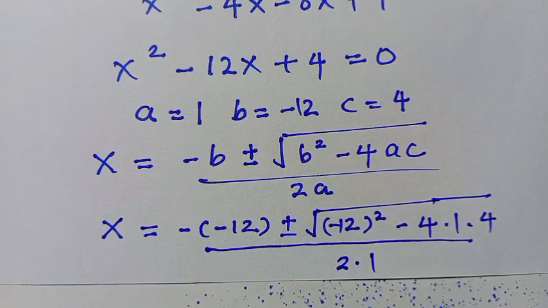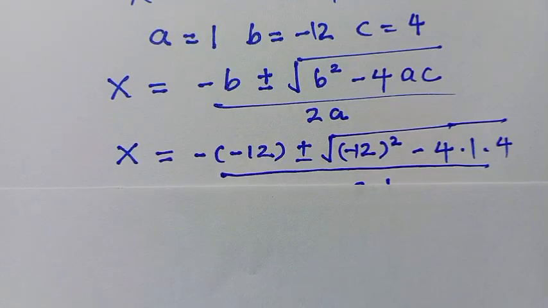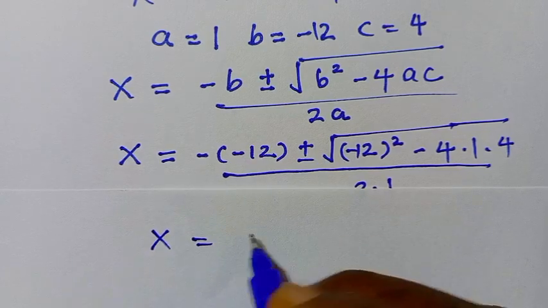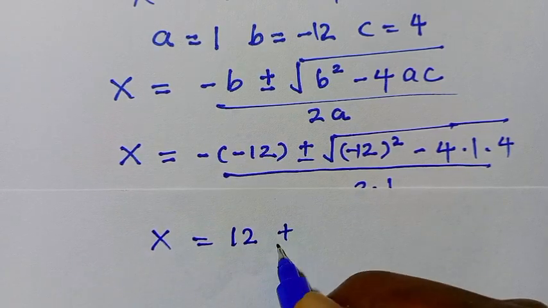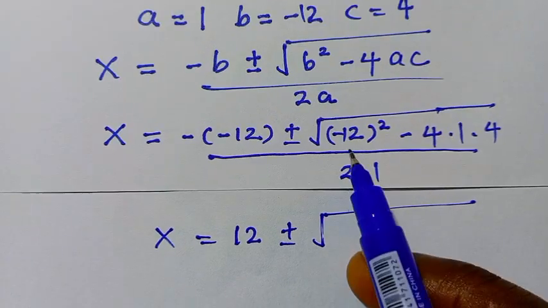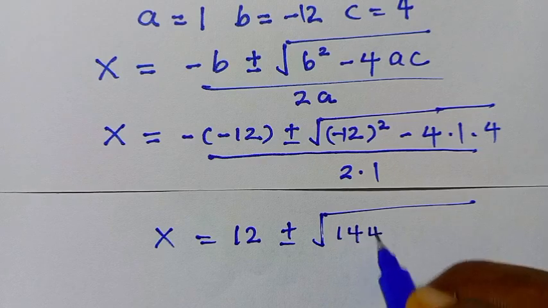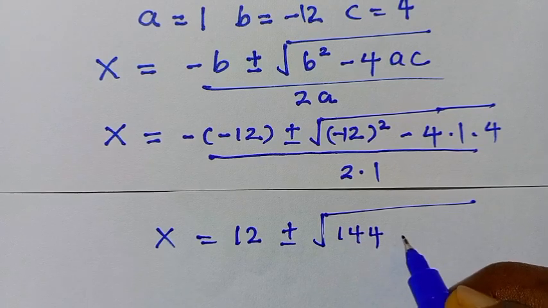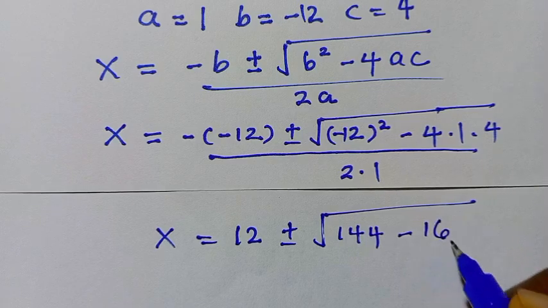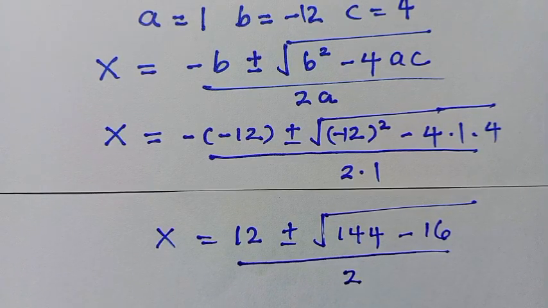Then by expanding this, what we get here is x equals minus times minus, that is plus 12, plus or minus square root of, so we have this as 12 squared, which is 144, minus 4 multiplied by 4, that gives us 16, divided by 2.